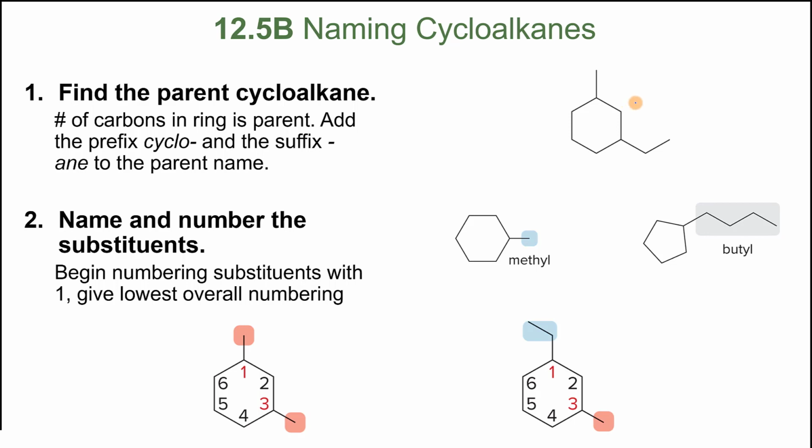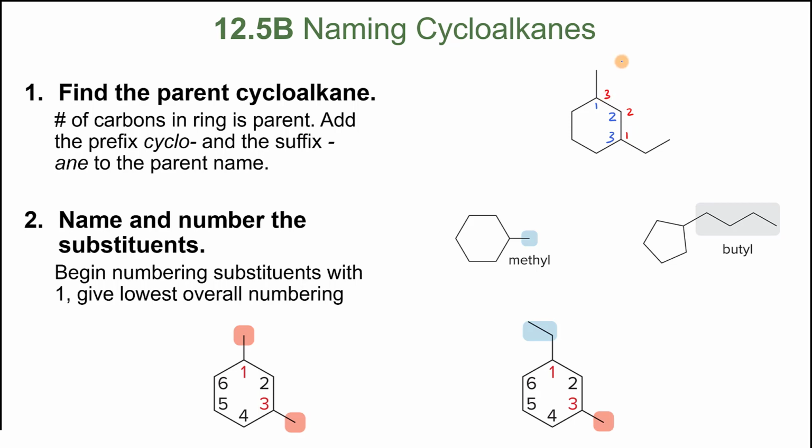For naming this top structure, I have the choice of numbering it 1, 2, 3 one way or 1, 2, 3 the other way. The numbers in that case are both the same, so I'm going to give the alphabet the priority.